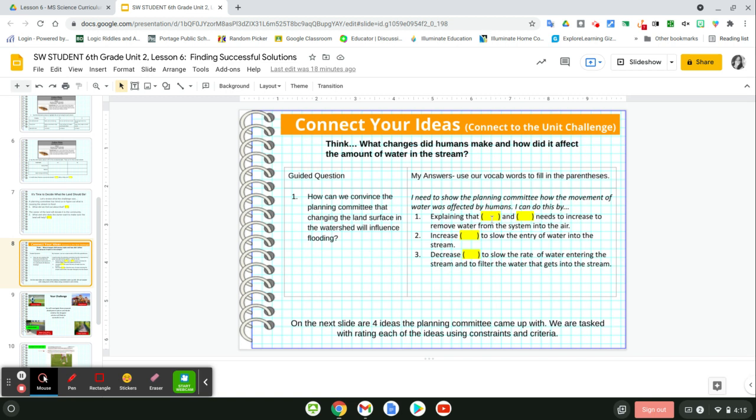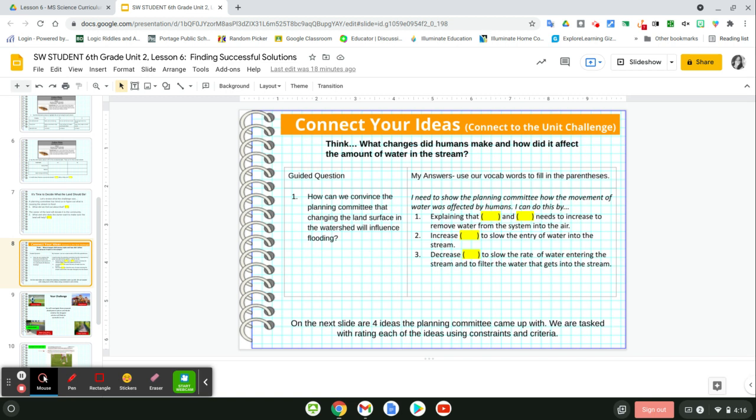What are the 2 things that we learned about how we can get water to go into the atmosphere? How does water move from the surface of the soil or the surface of the earth? How can we get it to move up into the atmosphere? What would we need?